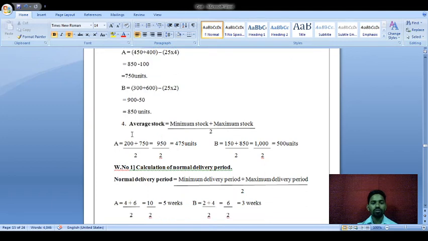Okay, so now we will solve average stock. What's the formula? Minimum stock plus maximum stock divided by 2. We have to prepare it for the A component and for the B component. Now what will be the minimum stock for the A?